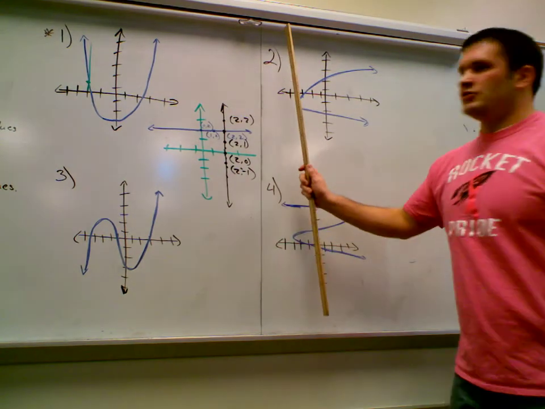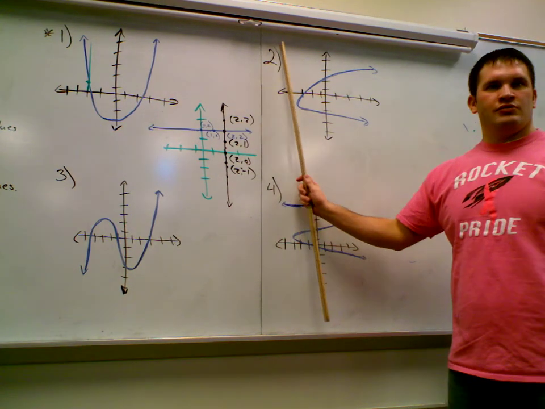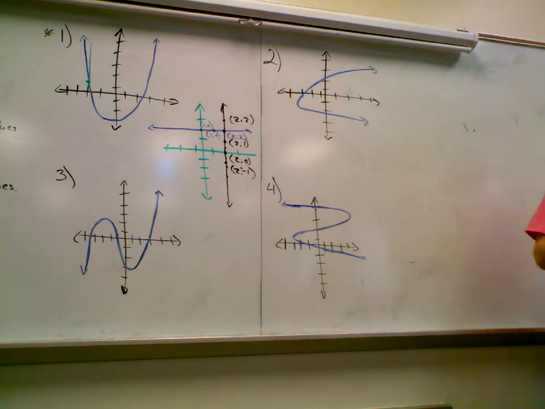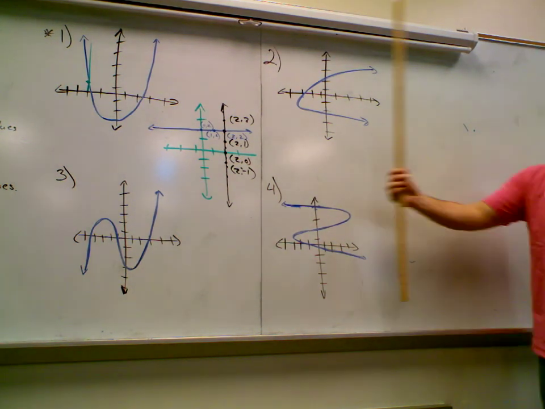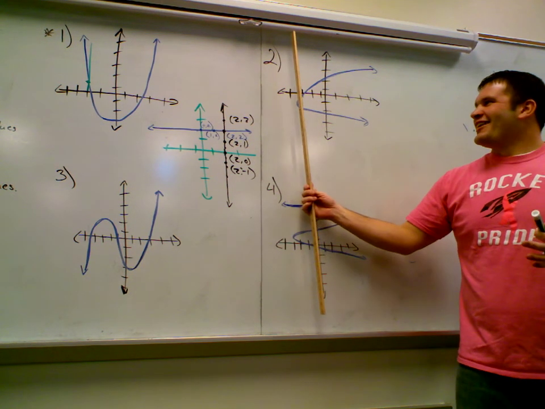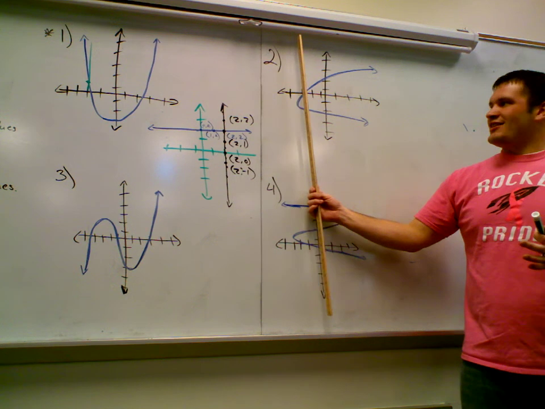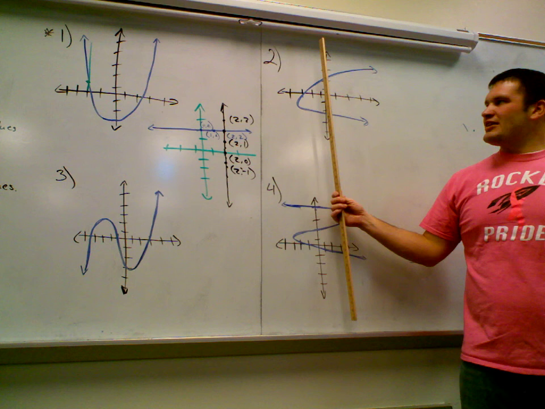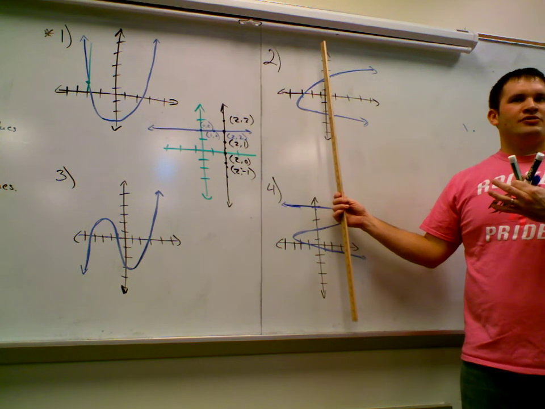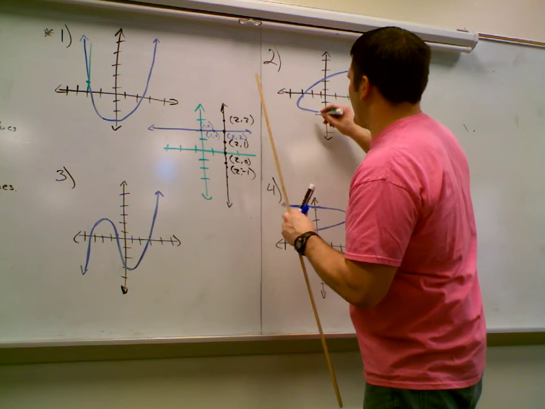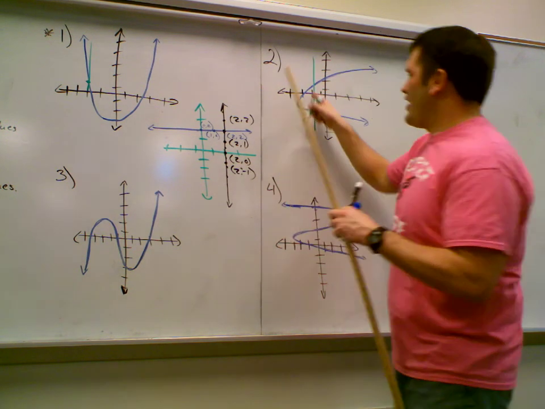You guys ready? A little late. Our vertical line buzzer was a little late there. This vertical line, once it hits this blue line right here, how many times does the blue line intersect my ruler? Twice. So if I draw my vertical line like this, that x was supposed to be -2.